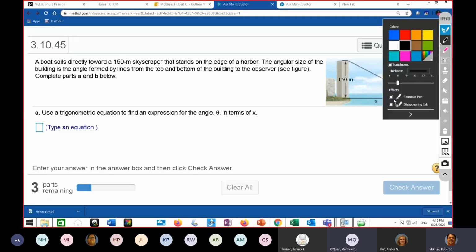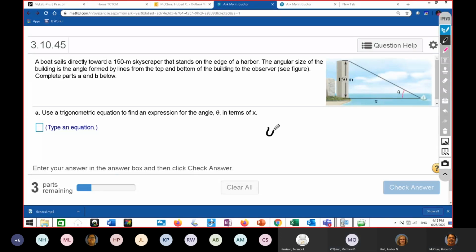Theta is equal to the inverse tan of the, Oscar had a hunk of apple, so that'd be 150 over x. Oh my gosh, we got us an inverse, so we're going to be able to take a derivative because we got x in here. That's 150x to the negative 1.